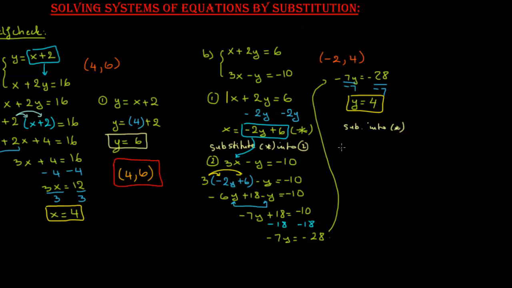So we have x equals -2y plus 6, and my y is 4, so I'm replacing y by 4: -2 times 4 plus 6. That gives me -8 plus 6, which is -2. So x equals -2 is my second unknown.